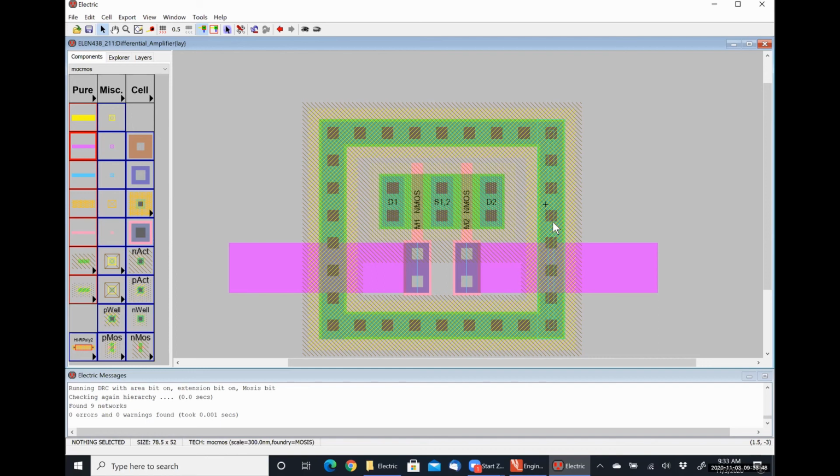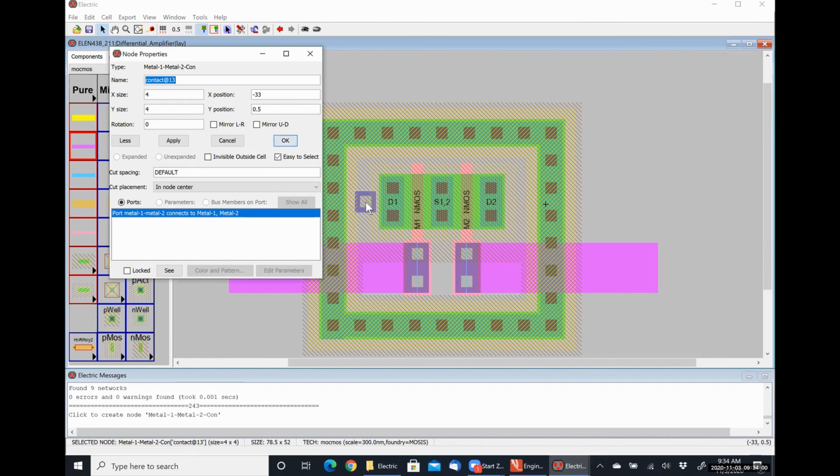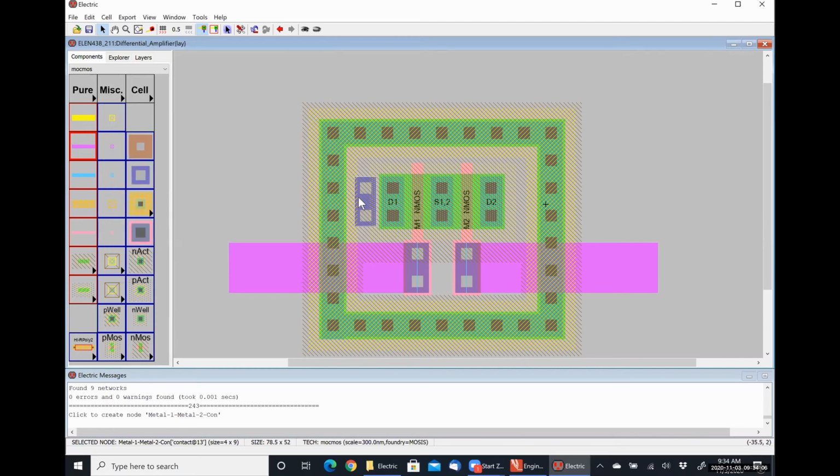So my drain connection is going to have to go over that ground ring. So I'm going to do that on metal layer 2. I'm going to make this a 4 by 9. Scooch this guy over and do another 4 by 9.